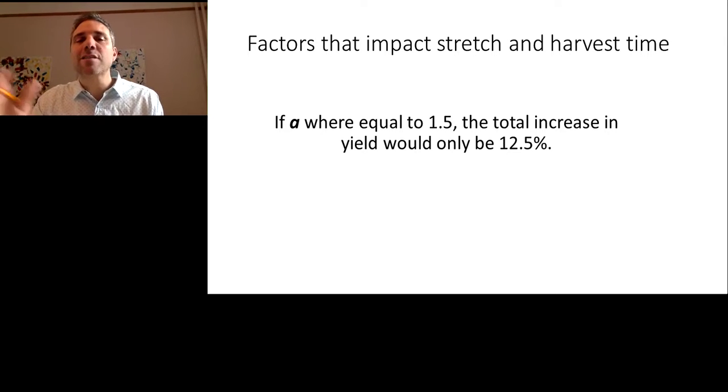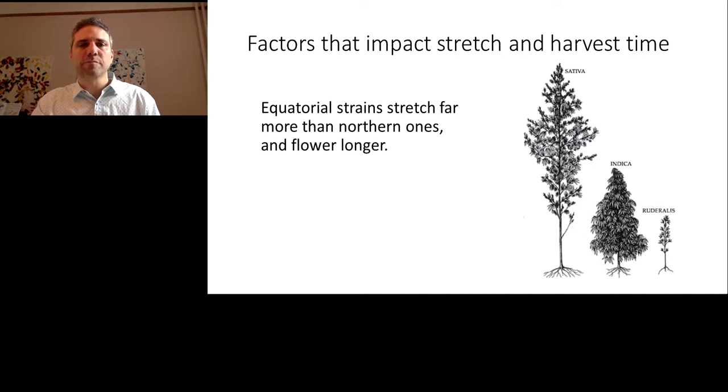If we assume instead that the flowering plant is only 1.5 times the size of the vegging plant at its peak, then the increase in output per unit of space per day decreases from 29% to just 12.5%. So in other words, the relative size of plants is a really important factor in determining how much you can gain from optimizing space. Okay.